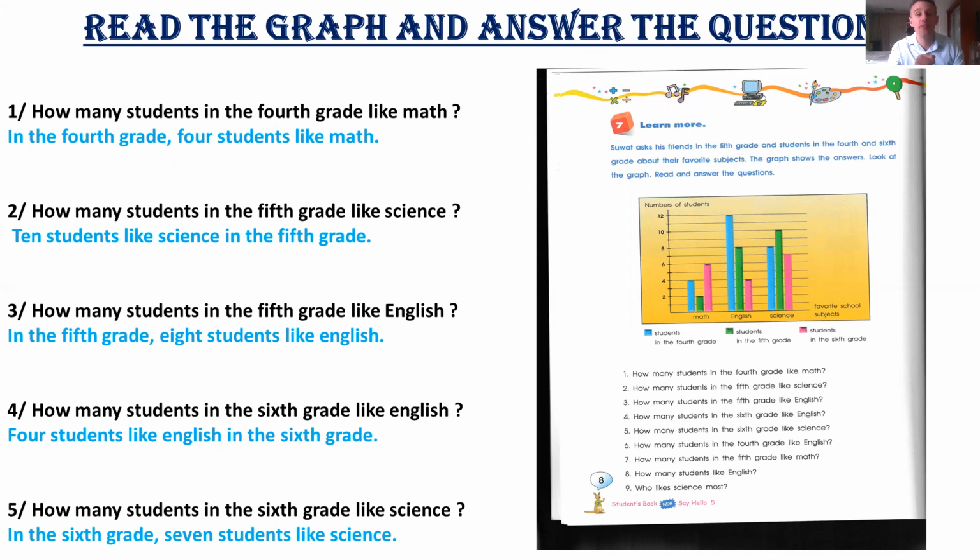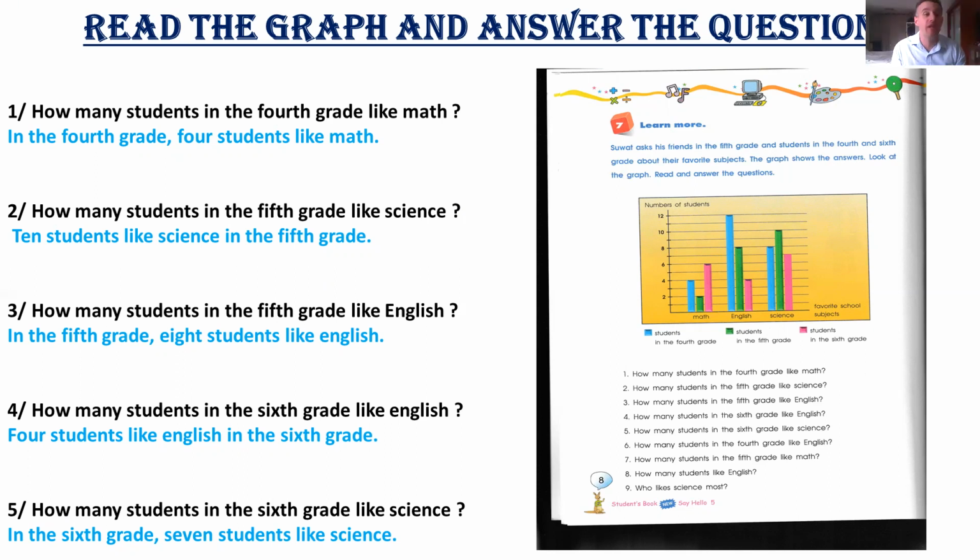Just take a look at the sentences. Sometimes I use "in the 4th grade," and on the other hand, sometimes I use the number of students first, like "4 students in the 4th grade." You can change the order, because if you always use the same type of sentences, it's a bit boring, okay?